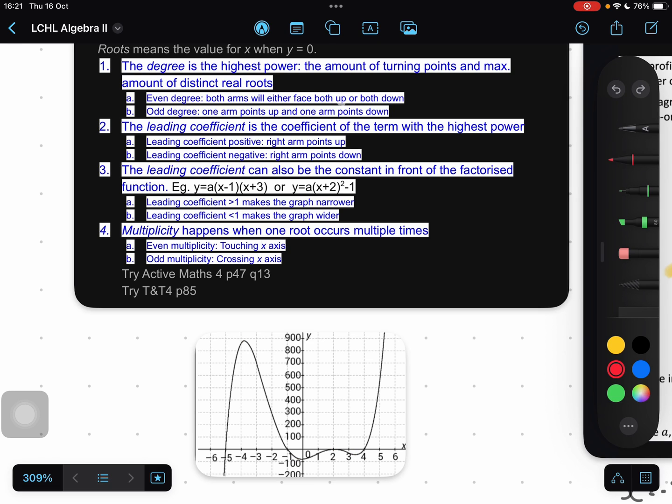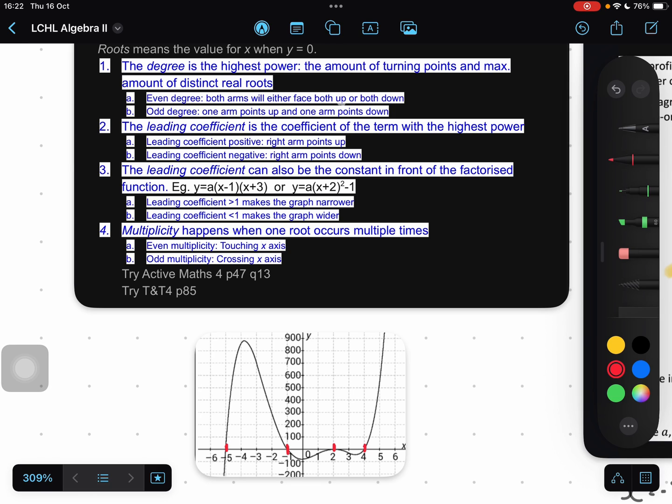Okay, so if I look at the 5 roots, it has one here, one here, one here, and then what about here? Here, the root is also a turning point. So looking at our multiplicity, that root, because it turns, it touches the x-axis, it doesn't cross the x-axis, is actually counted twice.